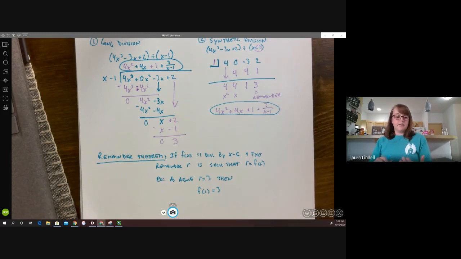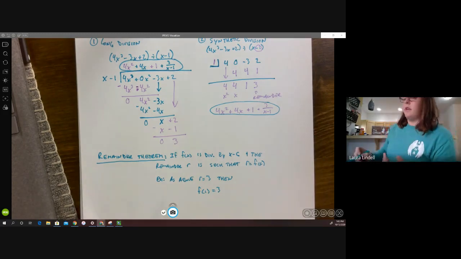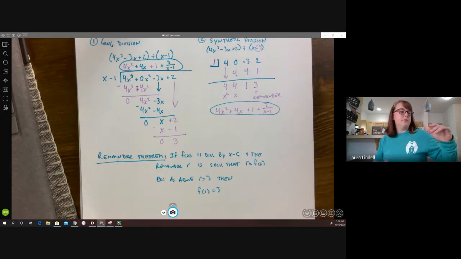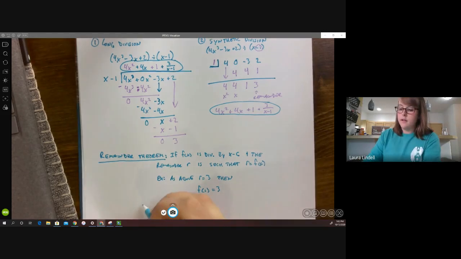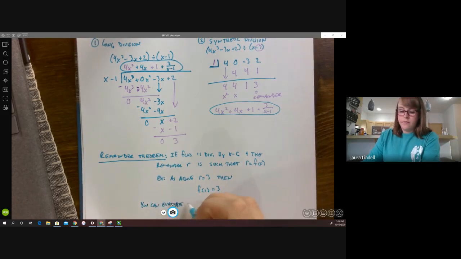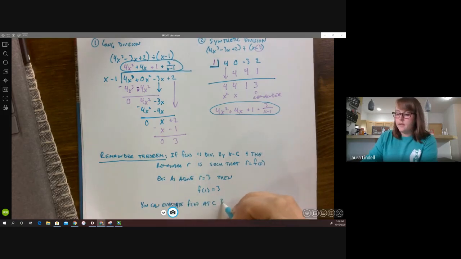So that's kind of nice. You don't have to go back and plug in a value. You can do synthetic division or long division. And this is called synthetic substitution as well.